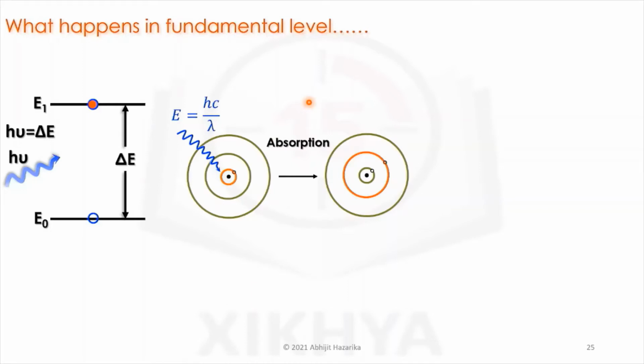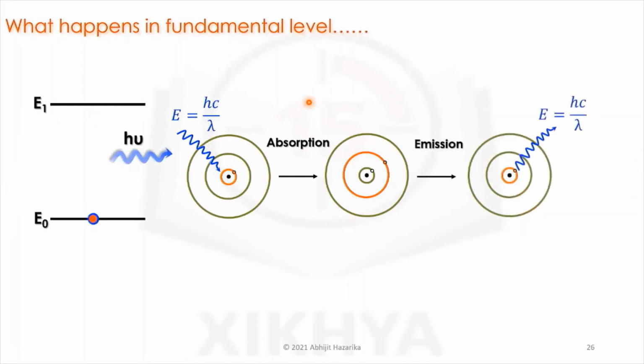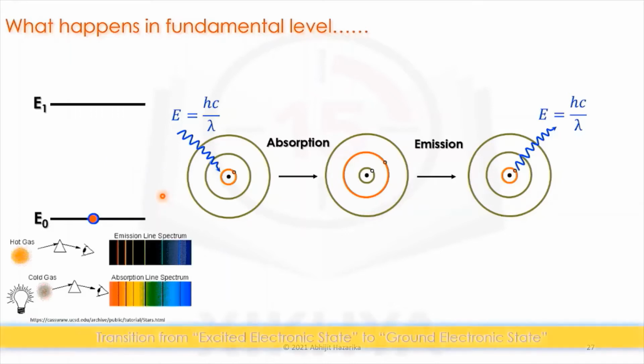Now, immediately after the absorption, the excited electron comes back to the ground electronic state E0 and it emits some light with energy h nu. This is termed as emission of a photon or fluorescence. Now, this happens in the case of atomic systems because the atoms have discrete energy levels.